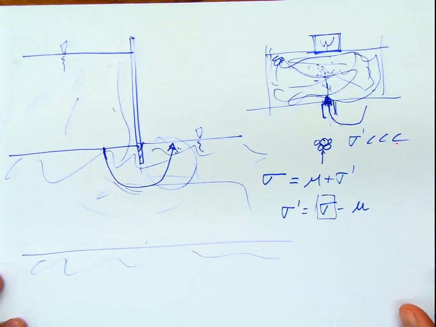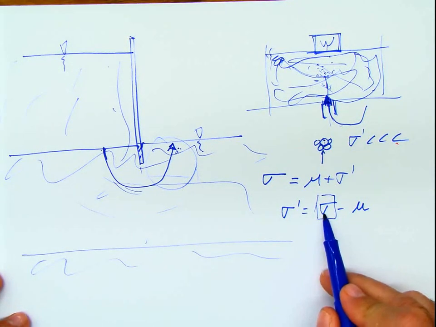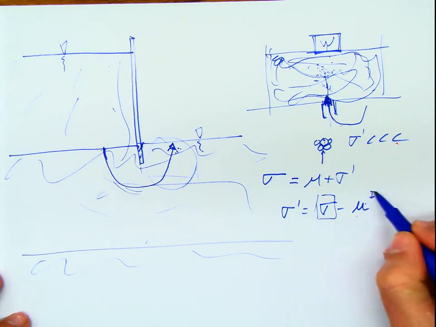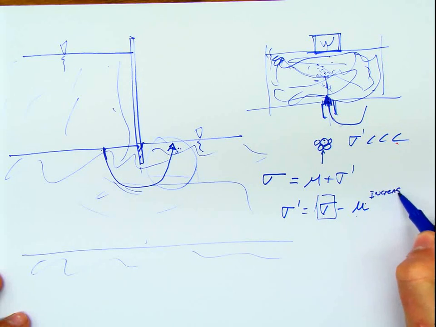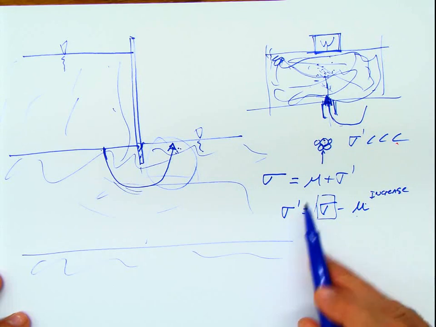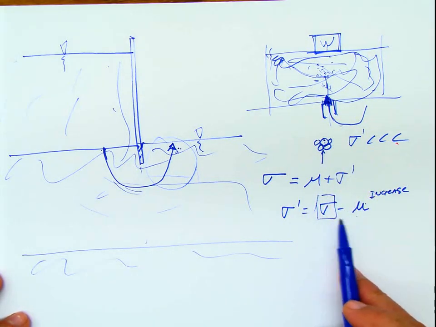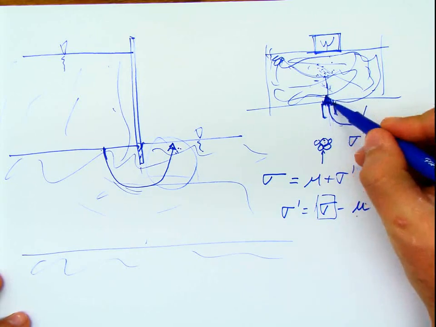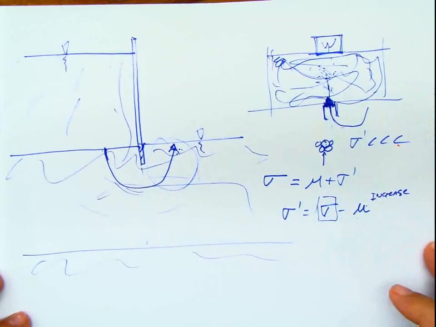If the total stress is constant, the only thing that can make the effective stress smaller is that the pore water pressure increases. And that's exactly what is happening there. The effective stress is getting smaller with upward seepage due to the increase in the pore water pressure affected by this upward seepage.